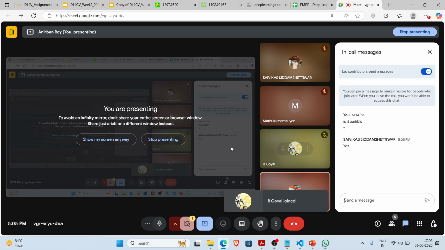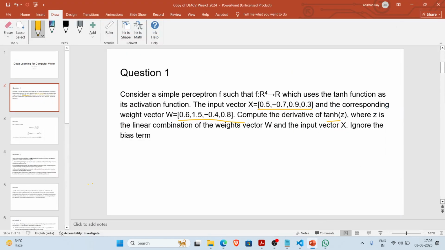Okay. And visible as well, no? Okay, so continue. So, repeating again.